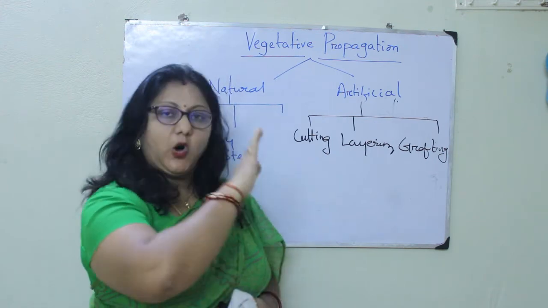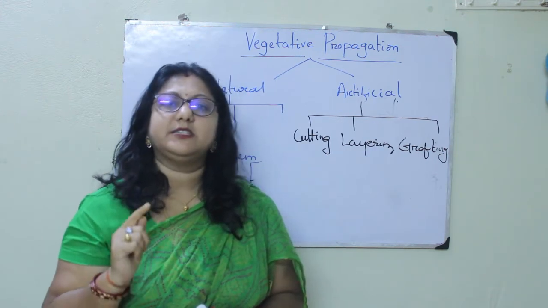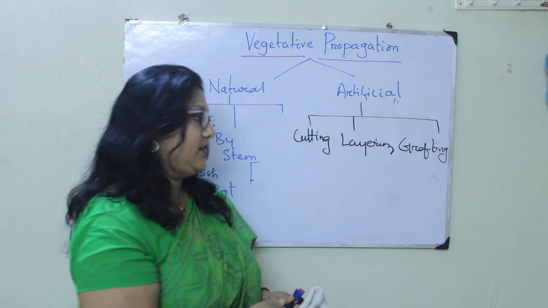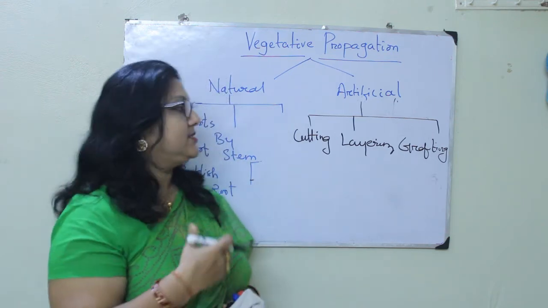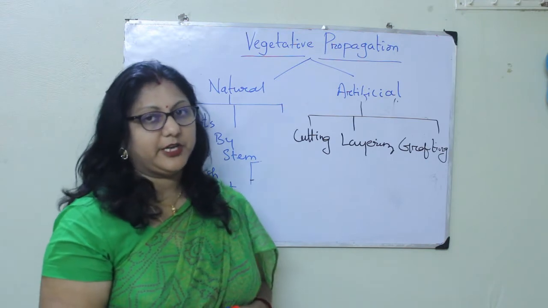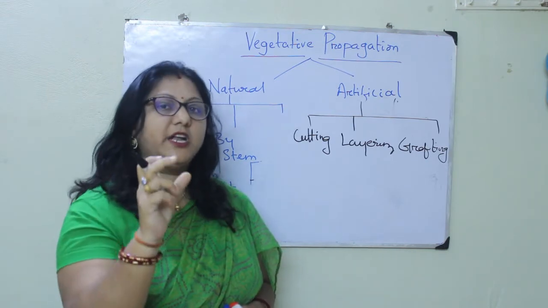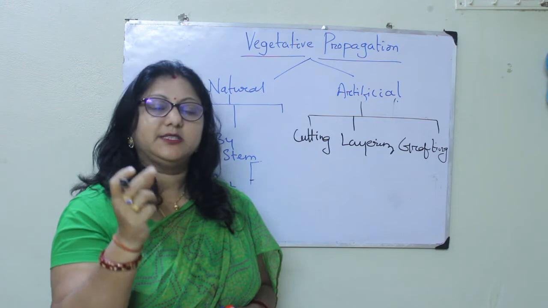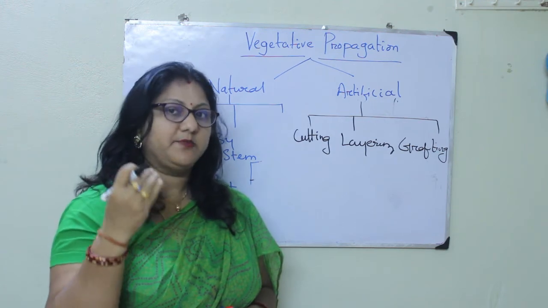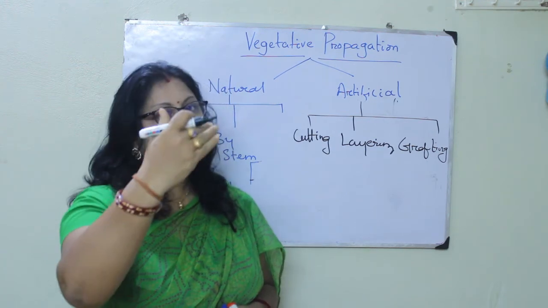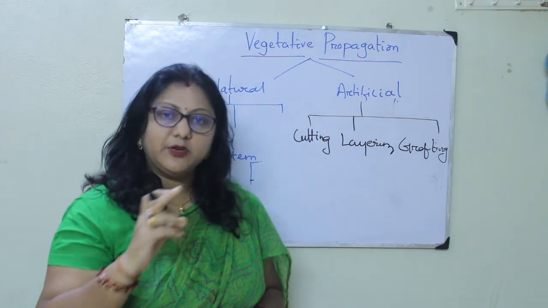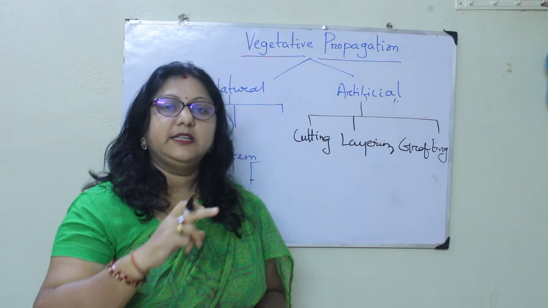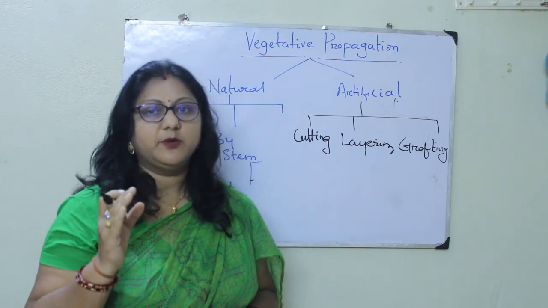But in all these methods, one important thing to mention is that whether it is an artificial method or a natural method of vegetative propagation, every place we need a node. Node is a part of the plant which has meristematic tissues. You know, node and internodes are present in the branch. So without a node available, there cannot be vegetative propagation.